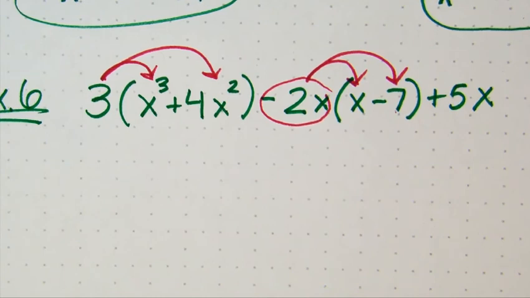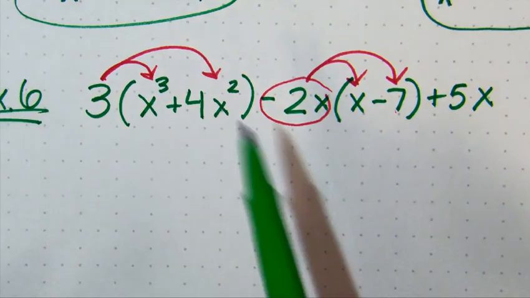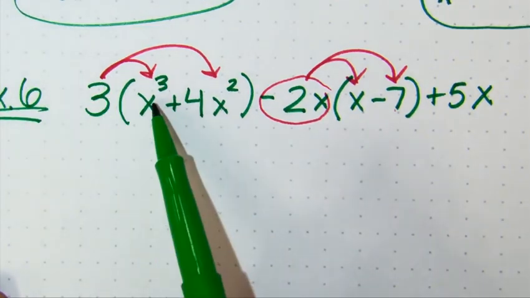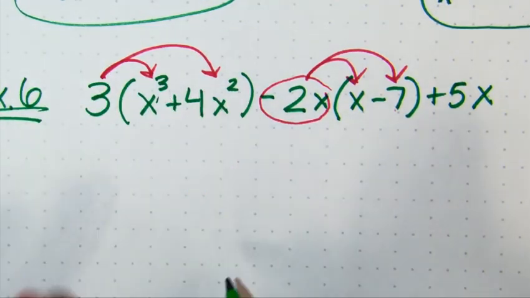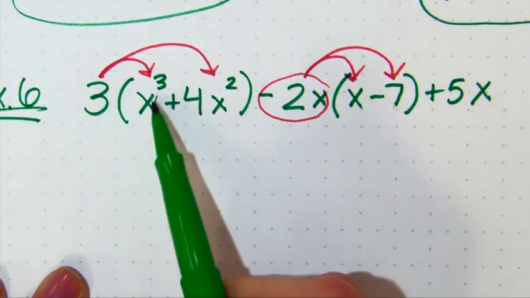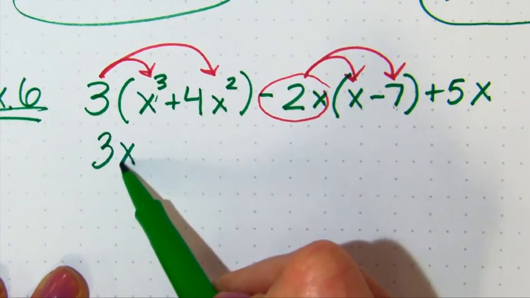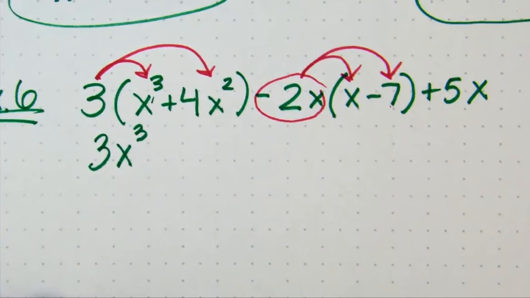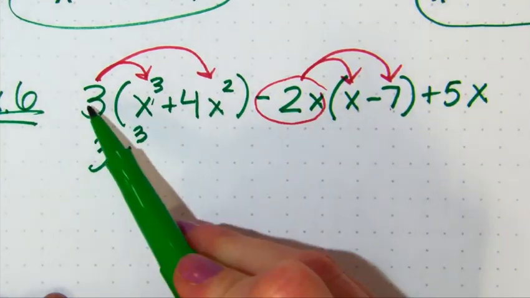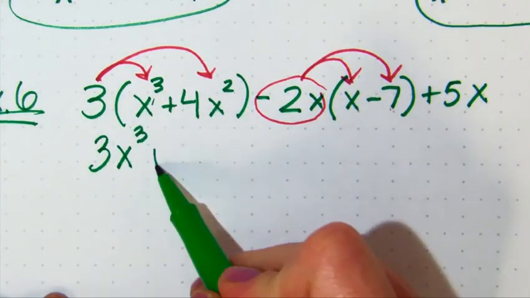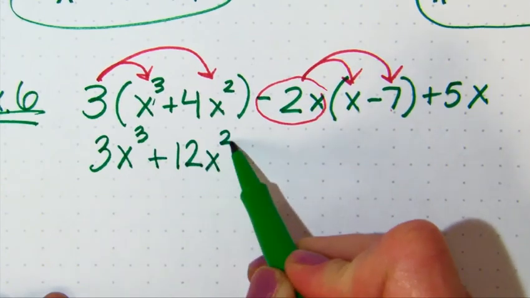Now for time purposes, and because it's a little bit bigger and because you've had some practice, we're going to go ahead and do the distributing mentally. So 3 times x to the third is 3x to the third. 3 times 4x squared is 12x squared.